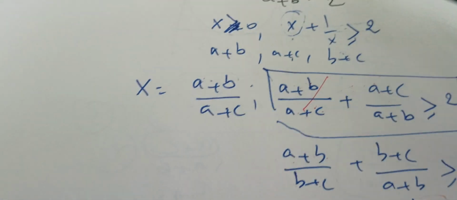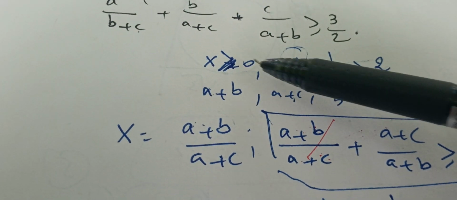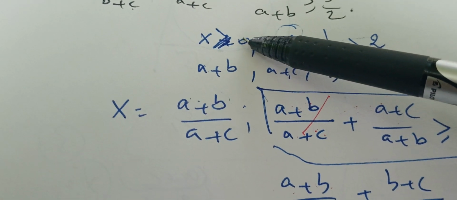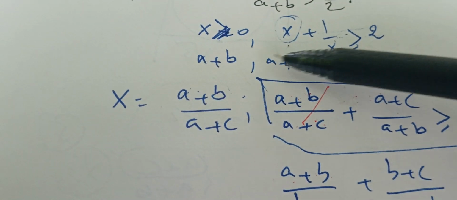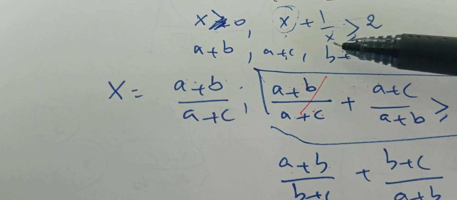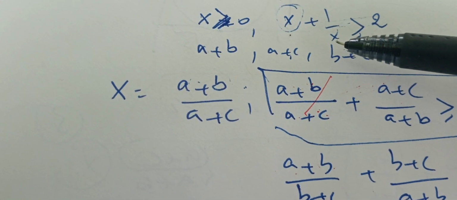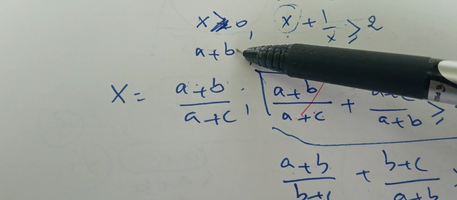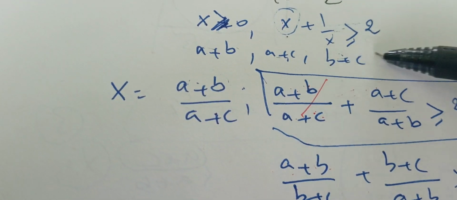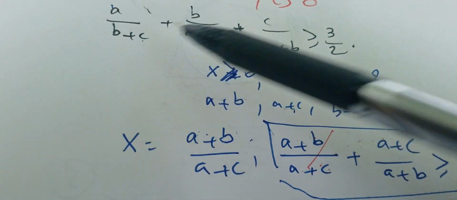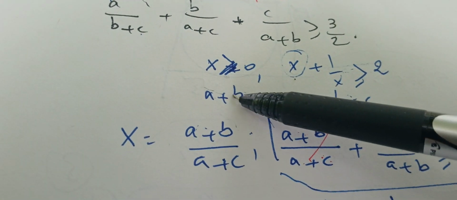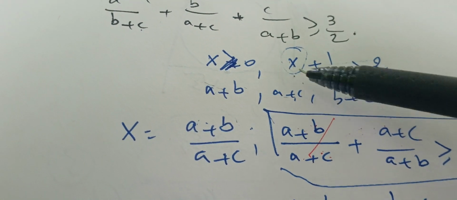Okay, just use this one here. The key idea here is that x is positive. So we have to form this combination of two elements from 3. We can do that in 3 ways: a plus b, a plus c, b plus c. After that, we see that we can form this ratio here if we add this one over this.